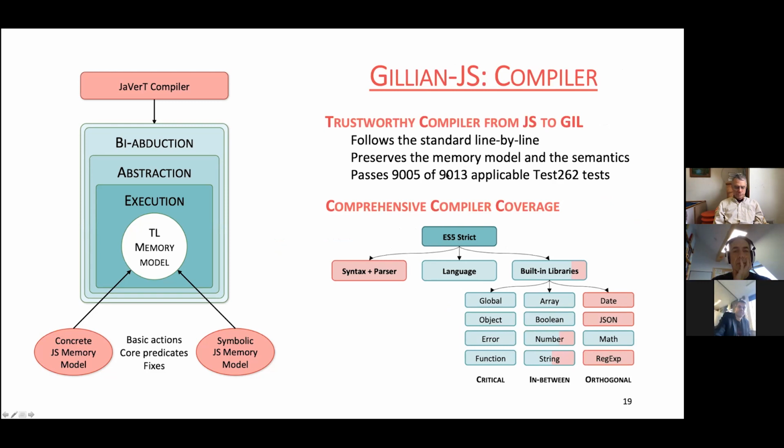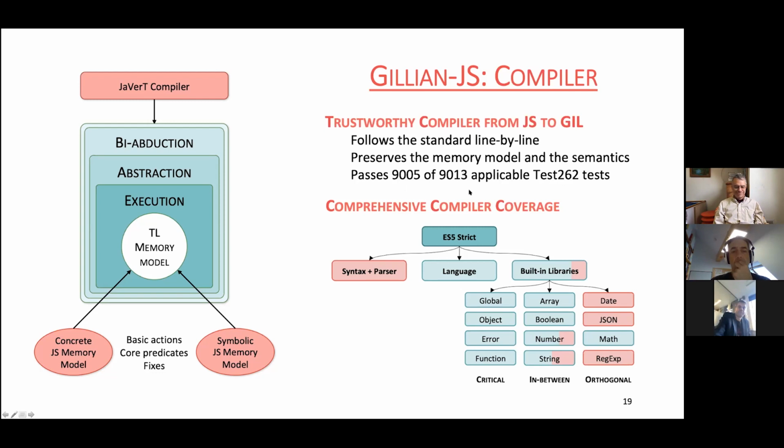The compiler preserves the memory model and semantics, as I said. I want it to be trustworthy, so I want to follow the standard line by line, so I know exactly what's going on between my compiler and the standard. And I want to test it independently from my analysis and verification world with the official test suite.